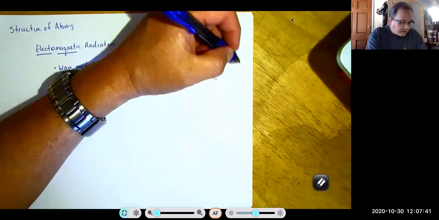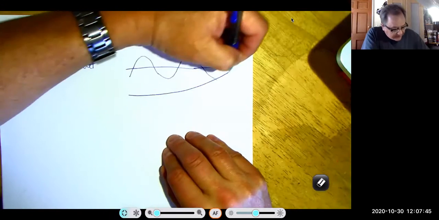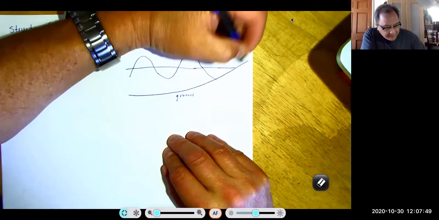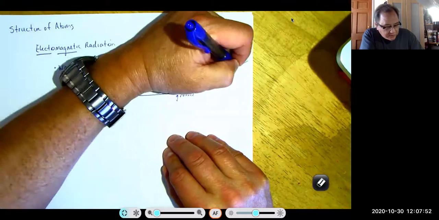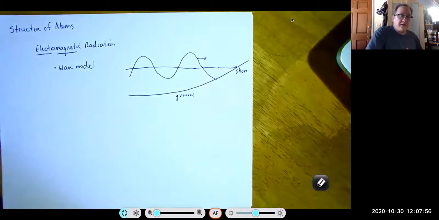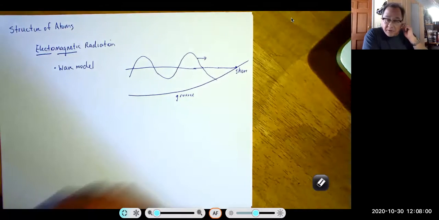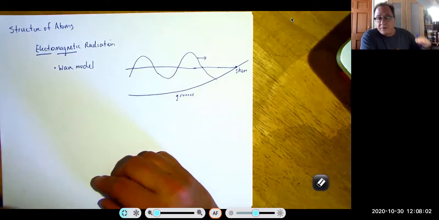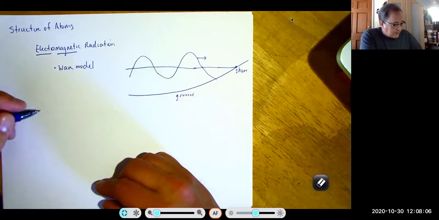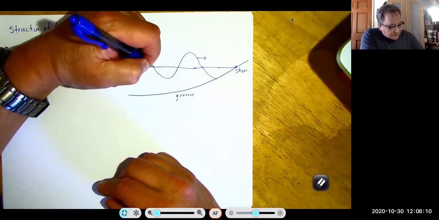So here, if we have the ocean here, and then where the water meets the ground, we have the shore. These waves are moving towards the shore. So that's the idea of the wave model, is that you have an electrical component and a magnetic component, both oscillating and moving forward.